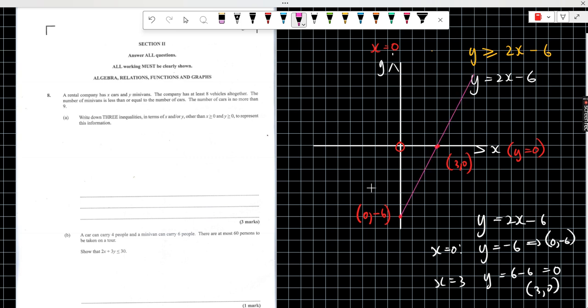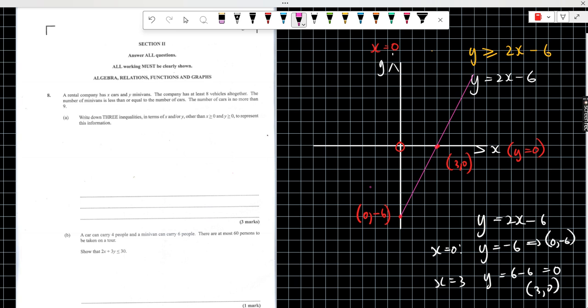Yes, sir. All right, so that is my line representing y equals 2x minus 6. Now, if I want to show y is greater than or equal to 2x minus 6, equal to 2x minus 6 means on the line. Greater than 2x minus 6 is going to be above the line.